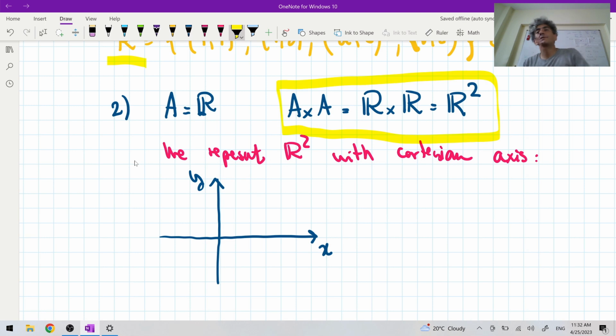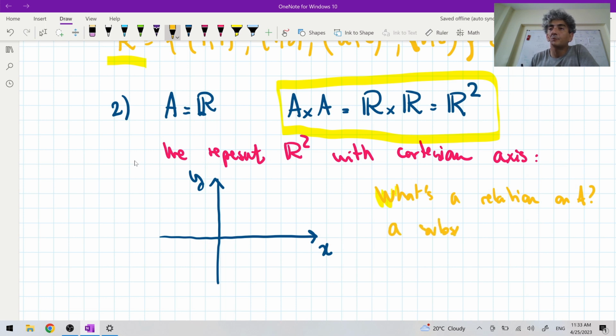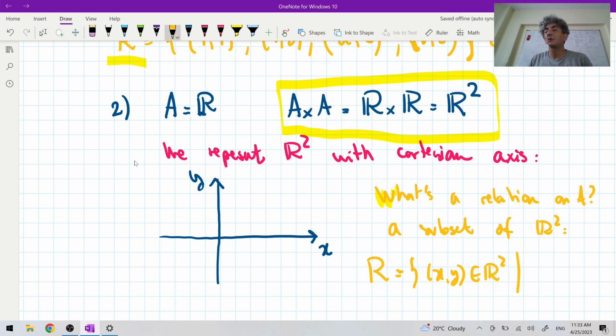So what is a relation on A? A subset of R squared. Let's say we can describe the relation maybe with a condition. It's the pairs of R squared such that y equals x squared.